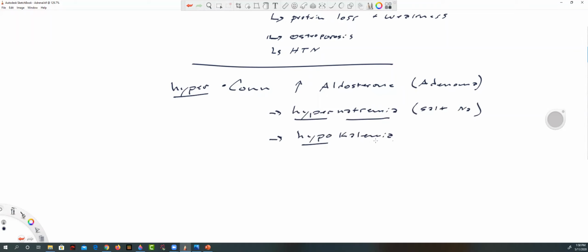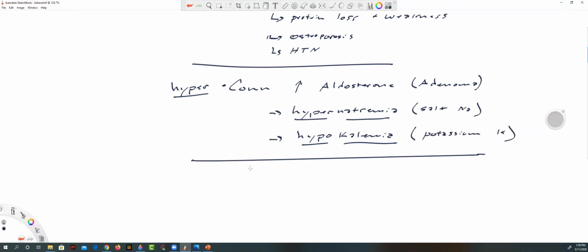Hypo, not enough potassium, because potassium and kalemia and natremia and salt, they all make sense to me. And that is all I have to say about Conn syndrome.